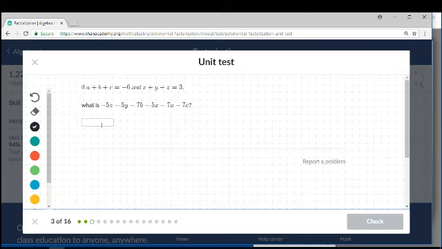Negative 5 times 3 is negative 15, and negative 7 times negative 6 is positive 42. Negative 32, negative 30, negative 27.